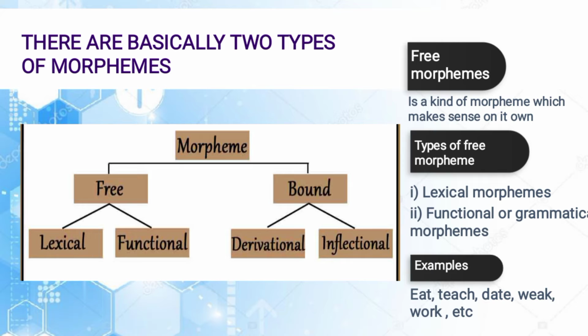The types of free morphemes are the lexical morphemes and the functional or grammatical morphemes. The lexical morphemes are morphemes that can stand by themselves and tell something about the word. And the functional or grammatical morphemes are morphemes that play a role in grammar. So the examples of free morphemes are eat, teach, date, week, work, and many more.